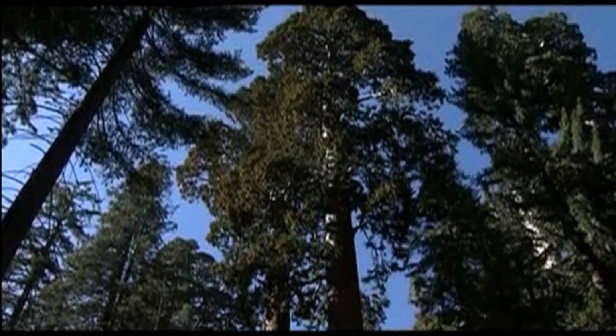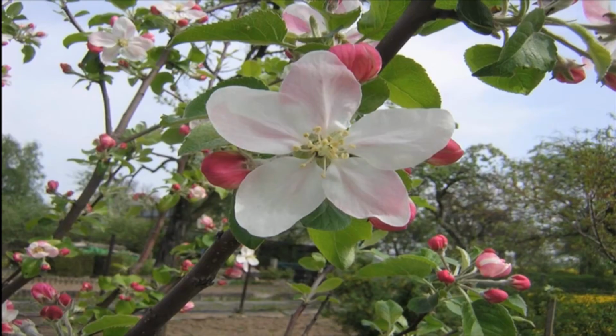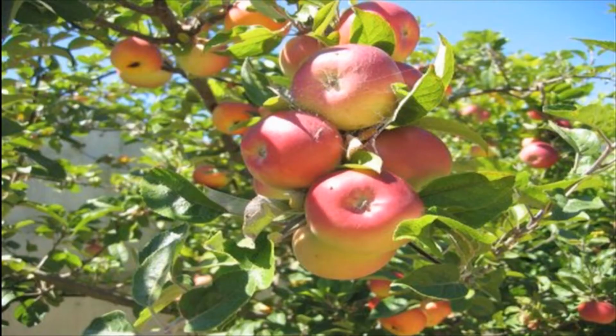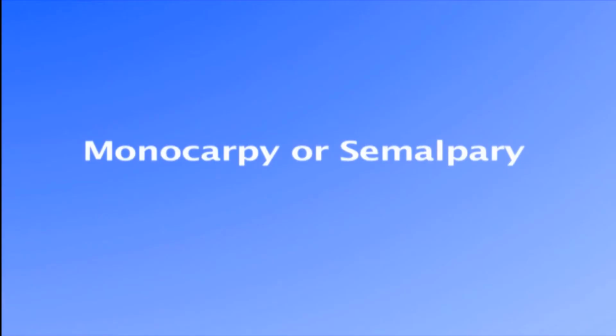Once the tree attains a typical size or age, it enters into the reproductive phase and starts flowering, forming fruits and seeds. There are two main patterns of flowering or seed production in perennial plants, that is the monocarpy or simulpary and second the polycarpy or heteropary.